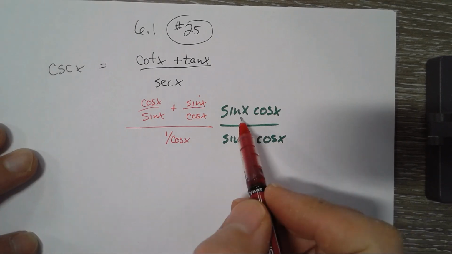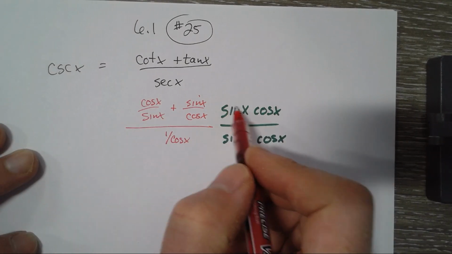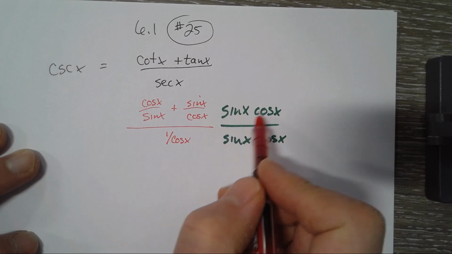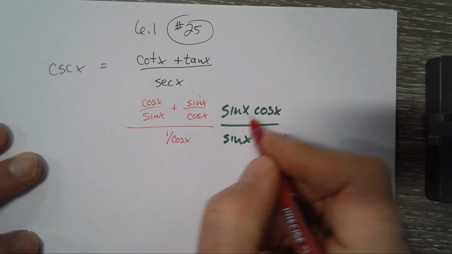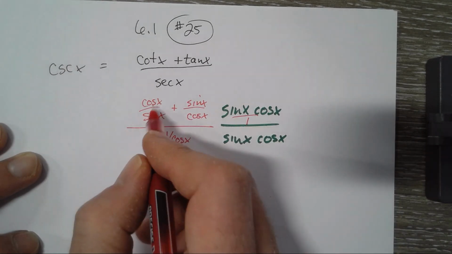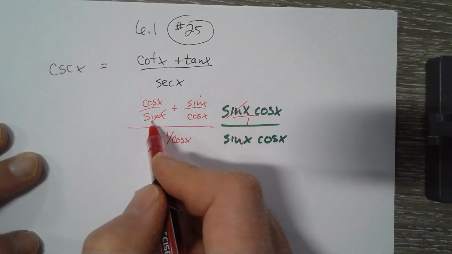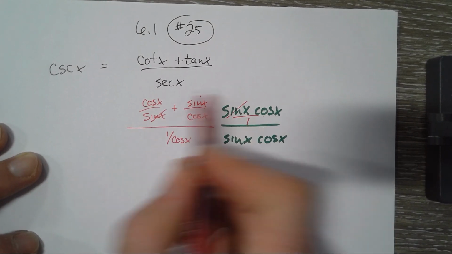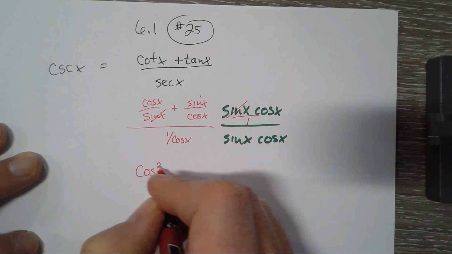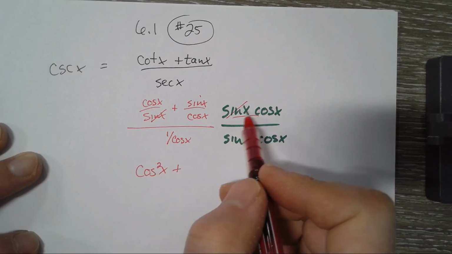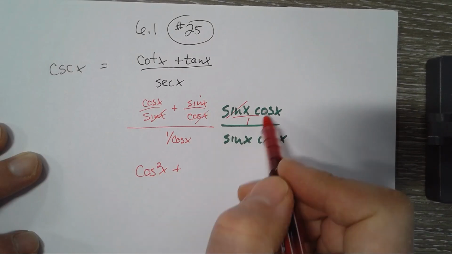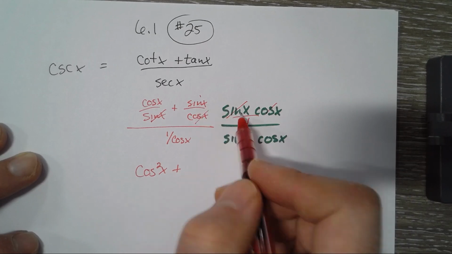So if I distribute that, this is sine x cosine x, think of it as over 1, is going to multiply over to this, so these sine x's are going to cross off. I'm going to be left with a cosine squared plus, and then if I distribute here, these cosines are going to cross off. I'm going to be left with sine squared.